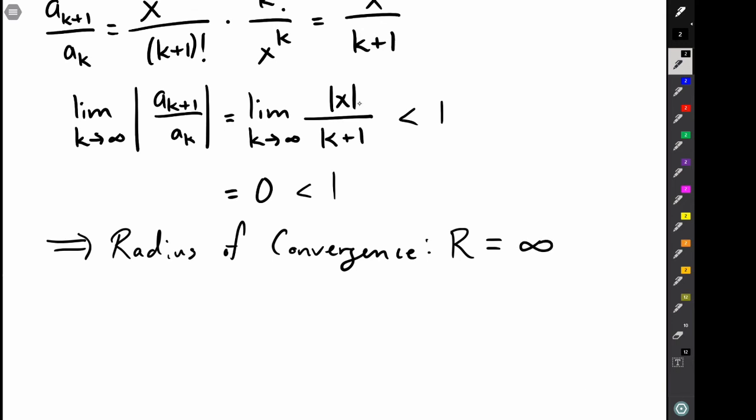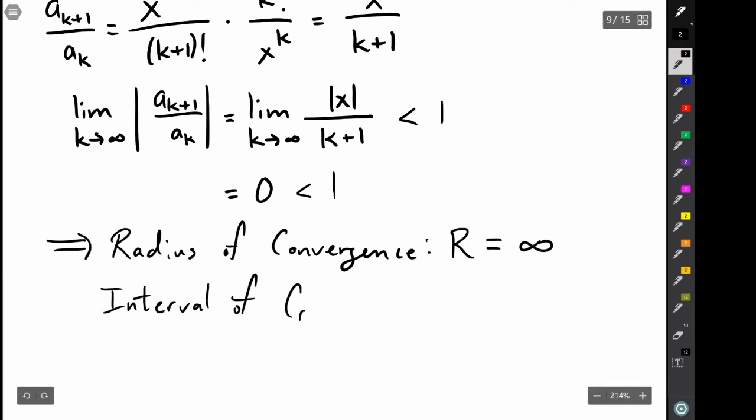No matter what x value I put here, this always converges absolutely by the ratio test. And so the interval of convergence is in fact just minus infinity to infinity.